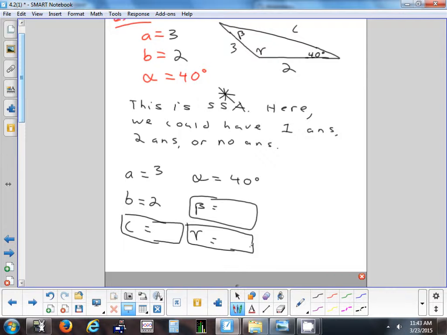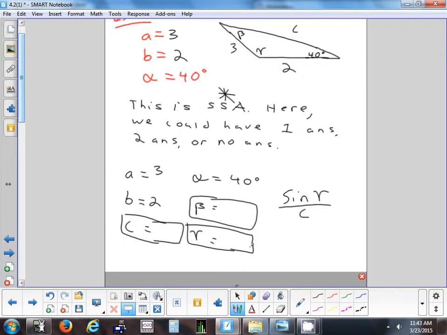Okay? Anybody have a guess out of C, gamma, and beta, what I have to find first? C? Well, if we find C, that's the law of sines that has this part: sine of gamma over C. Do we know gamma?